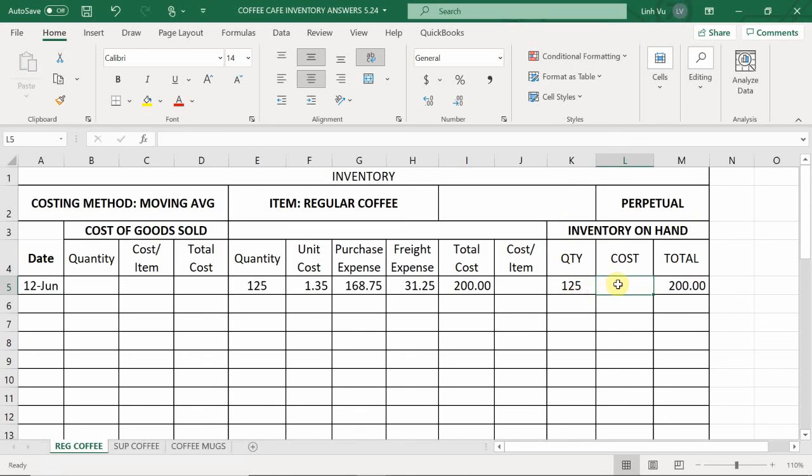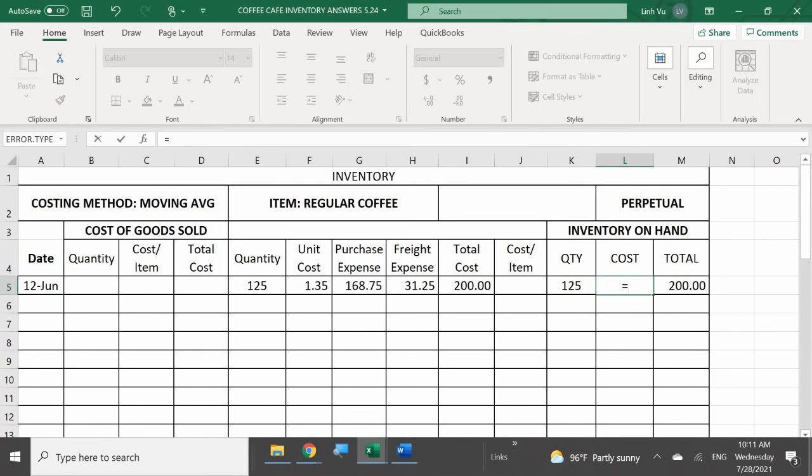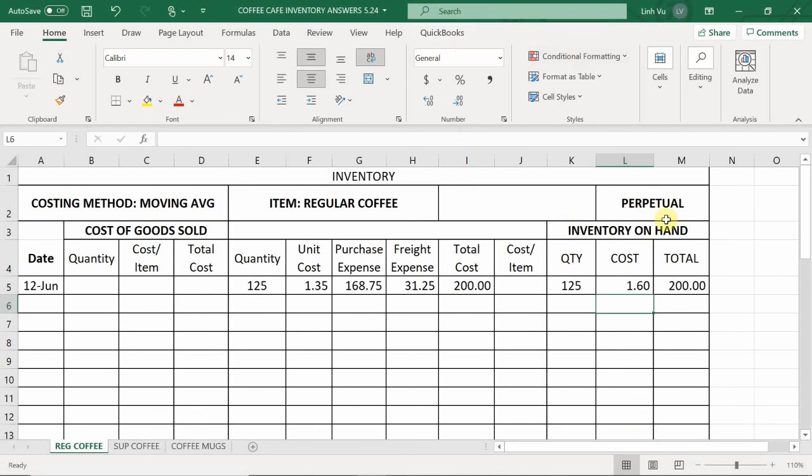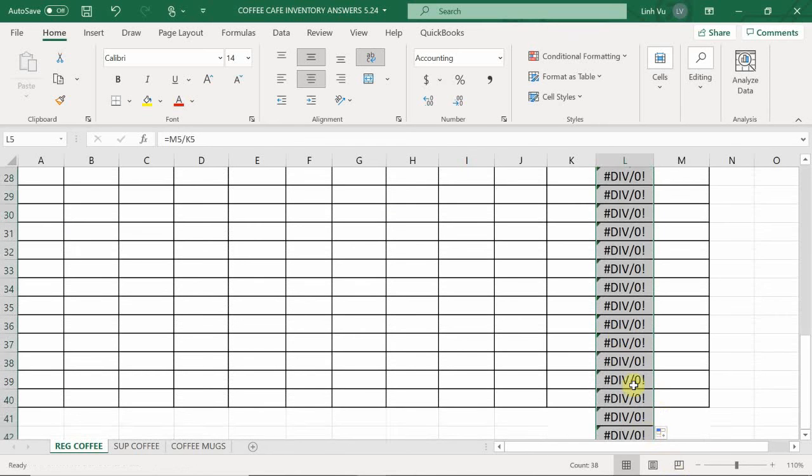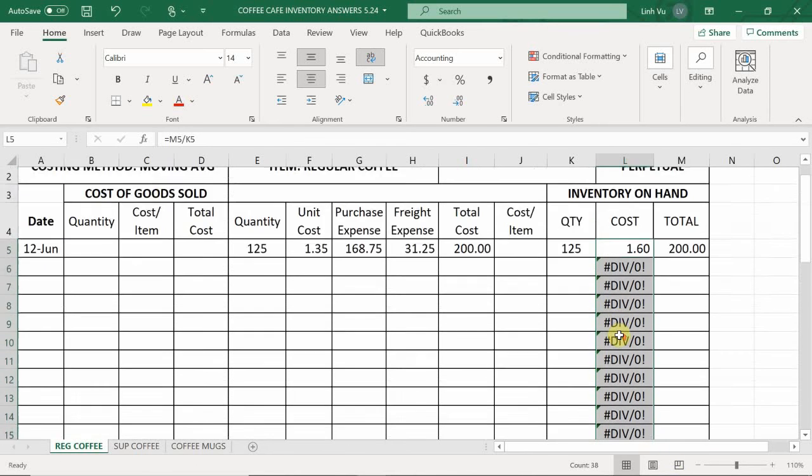So in this case, my formula is going to lie here, and it's going to be my total cost divided by my total quantity, which gives me what? $1.60. Okay? Now you can drag this formula all the way down because this is the formula that we are going to be constantly utilizing.